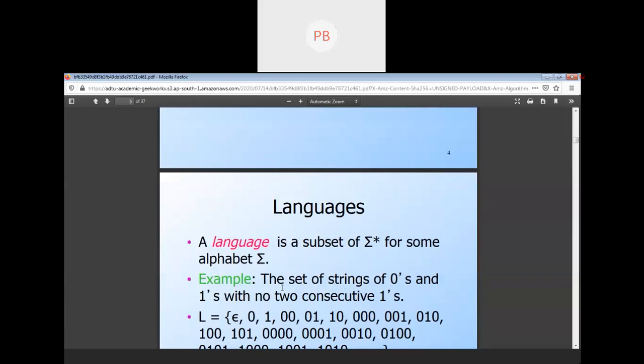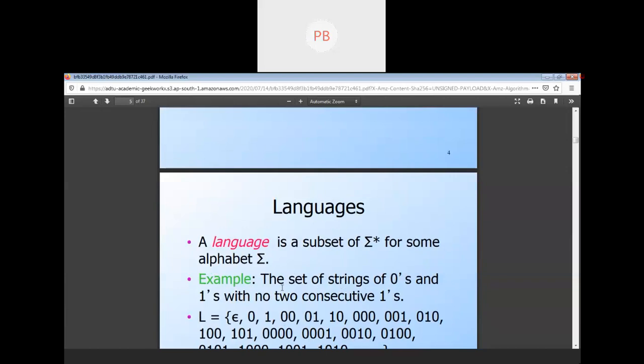Another important concept is called function. You write the definition of function.